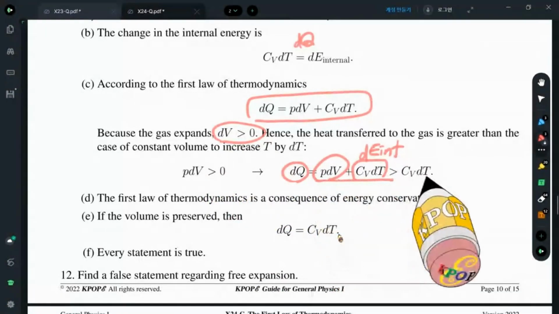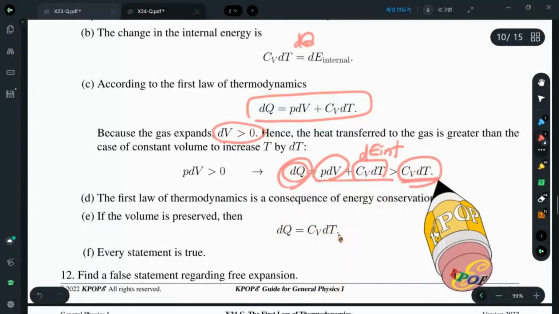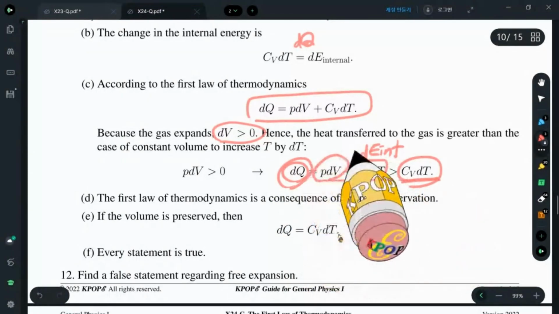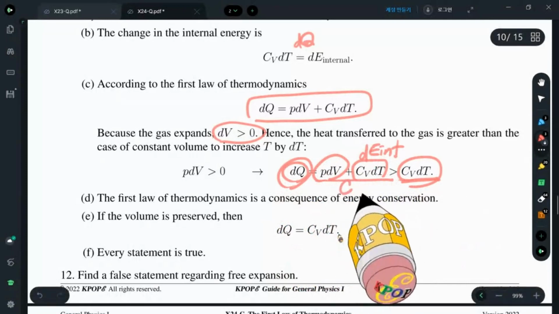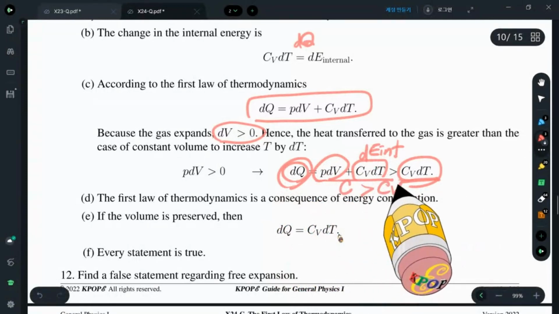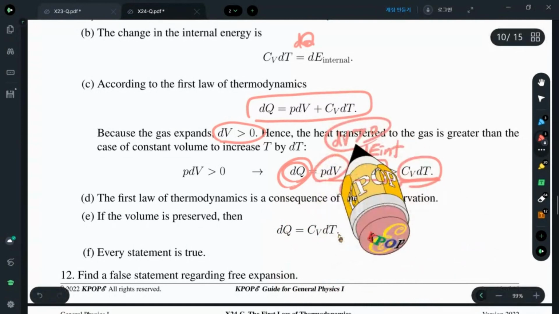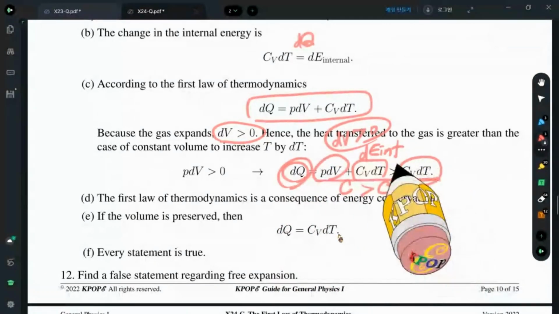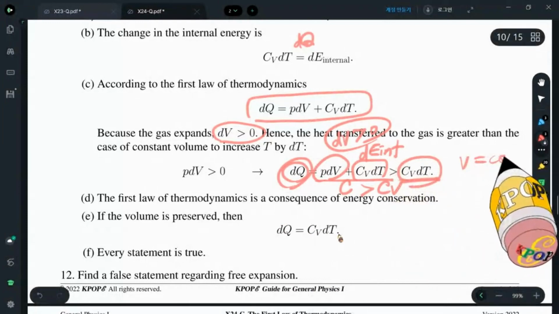Therefore, this one is greater: dQ is greater than CV dT. So this indicates that in general, C is greater than CV when dV is positive; at V equals constant, they are equal.